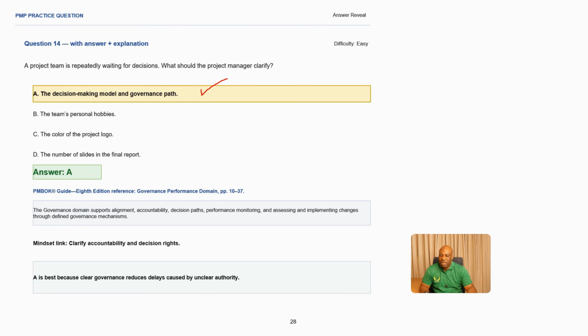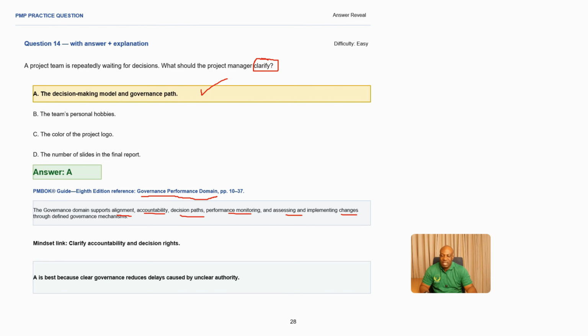The decision-making model and governance path is what you should clarify as a project manager. What decision model are you using? What is the governance path that we are using? Our reference in the PM book is the governance performance domain. What does it say? The governance domain supports alignment, accountability, decision path, performance, monitoring, assessing, and implementing changes through the governance model or mechanism.